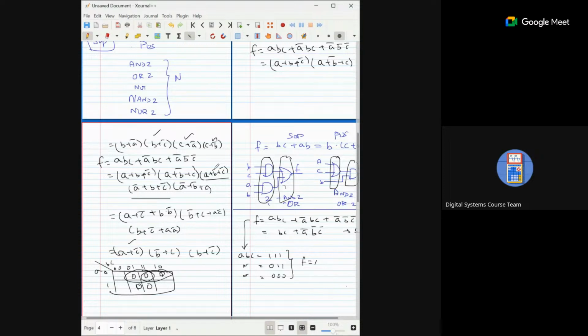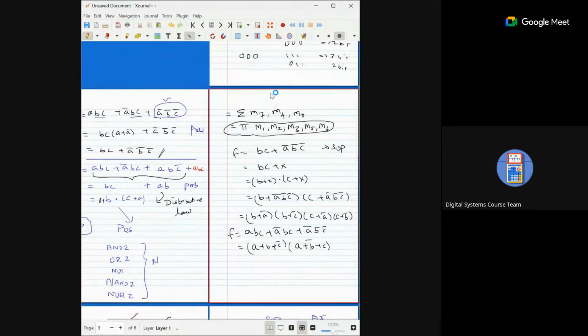Sorry, 3 and 2. Okay, I think this is the term I wanted to group. If I group these two things, I get A plus B bar. Am I right? Yes, sir. Let me check above. Is there a mistake in what I have written?